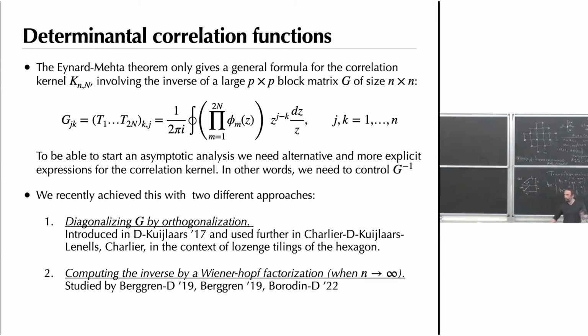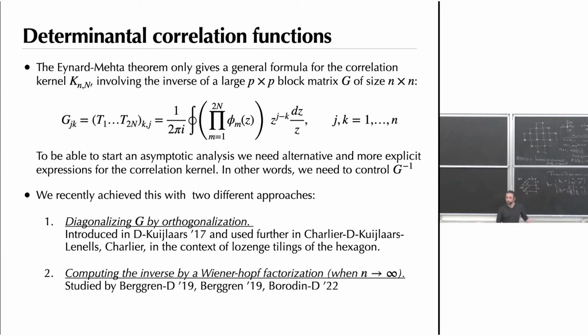The product of the symbols gives you the Fourier coefficients of this function here, and these are just the matrix valued symbols that I have here. And then you have to invert this matrix, and once you invert it, you can study the correlations. So the formula for the correlation kernel involves the inverse of this matrix.